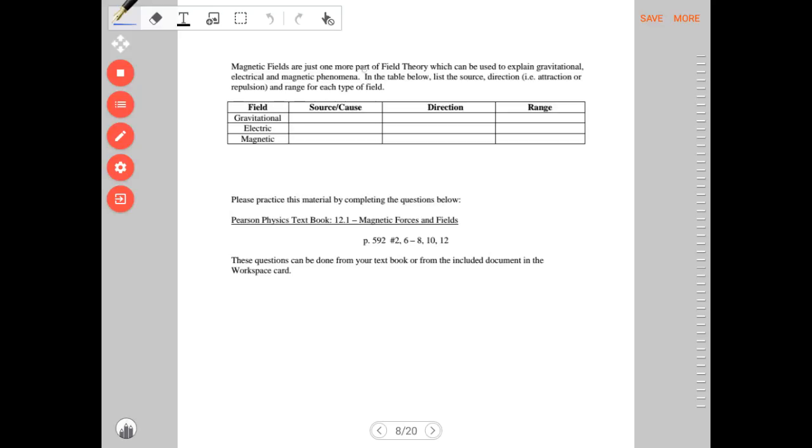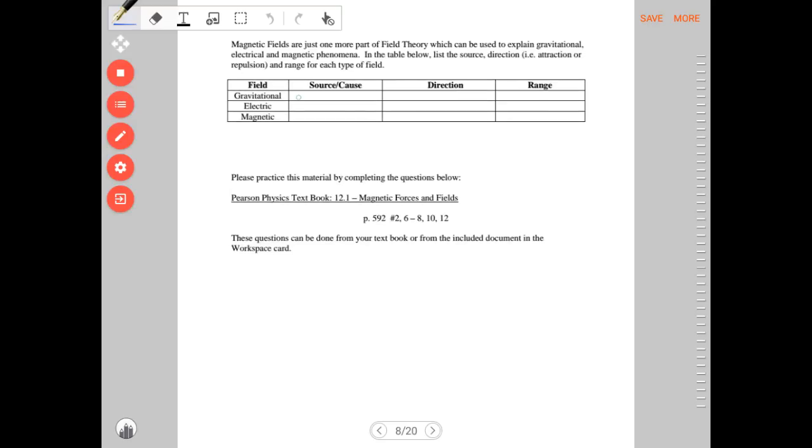Magnetic fields are just one more part of field theory, which can be used to explain gravitational, electrical, and magnetic phenomena. In the table below, list the source, direction, so the attraction or repulsion, and the range for each type of field. So gravitational. The source of gravitational fields is mass. Gravitational fields are always attractive.